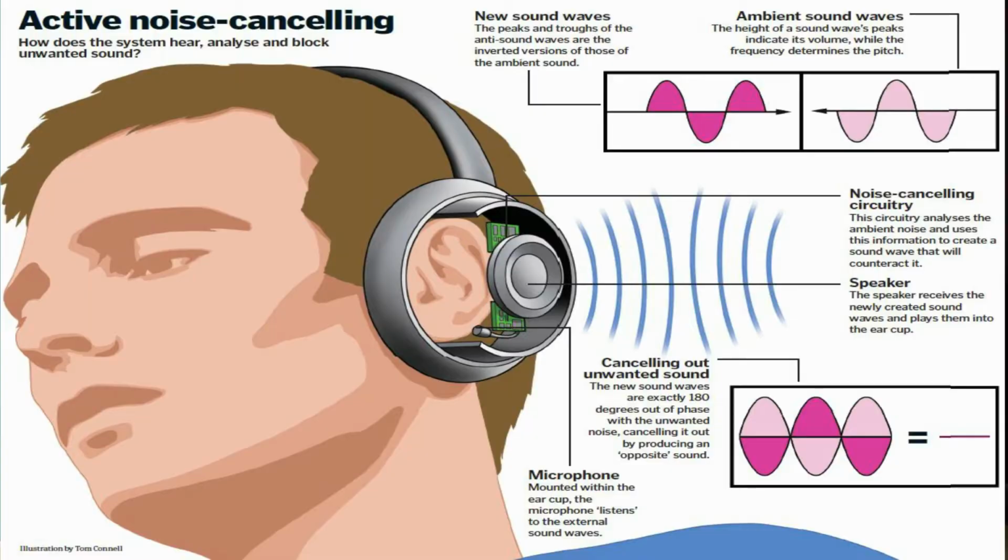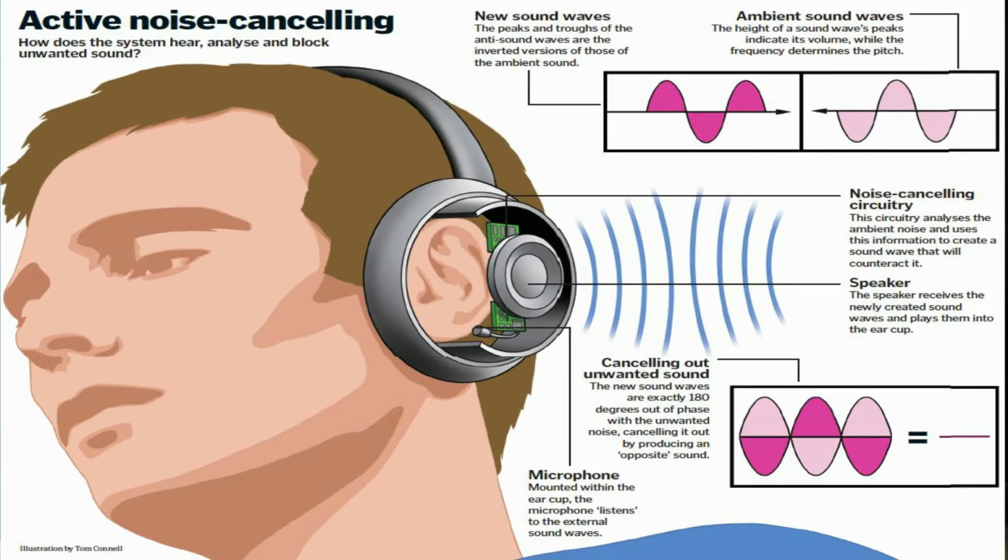With active noise cancellation, a microphone of that sort is embedded into each of the headphones. So there's a microphone inside here, and there's a microphone inside here. And what that microphone does is that it picks up external noise or external sound from outside.